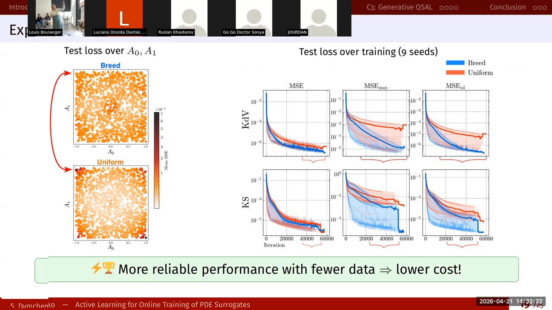and lowers the loss values for the neural network, makes it less uncertain about it. On the right, we can see the test loss progression over training time. For this case, the experiments are repeated 9 times.